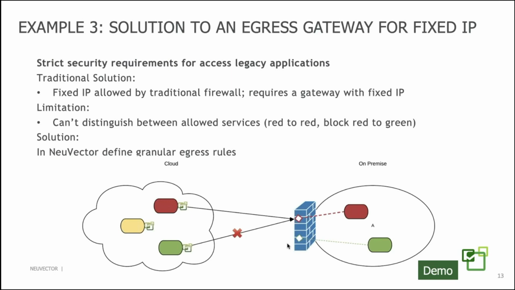So if I want to enable the red container service to go through the firewall and connect to the red API service on the right, but the green service should only be allowed to connect to the green service, but be blocked from accessing the red service, how do I implement those types of rules? And those are all things that can be done through NeuVector.